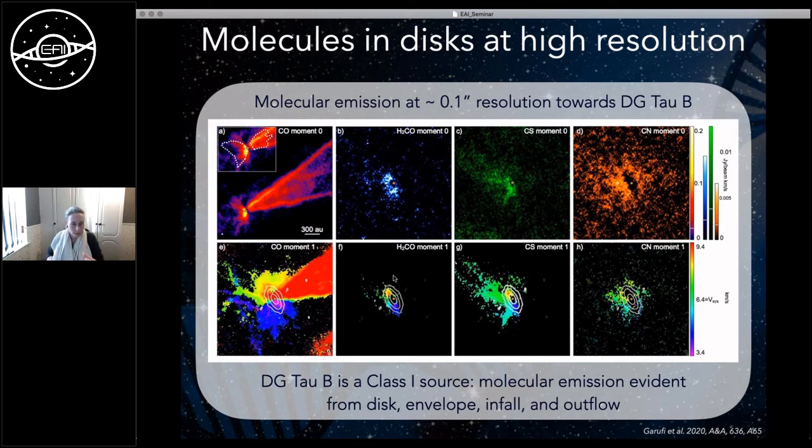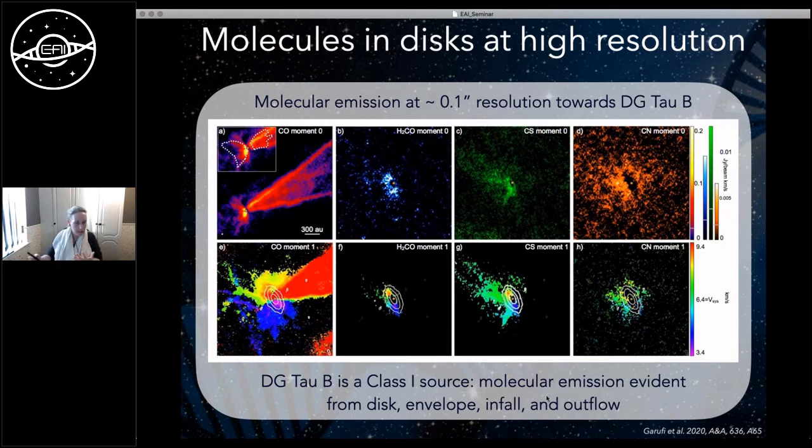So the H2CO, the formaldehyde, seems to be sitting within the disk. The CS seems to be more connected to these filaments and the envelope. And then the CN, which we tend to think of as being a photochemical tracer, seems to be coming from more around the surroundings. But you can see that in just these four molecules, you can trace a huge number of different components.